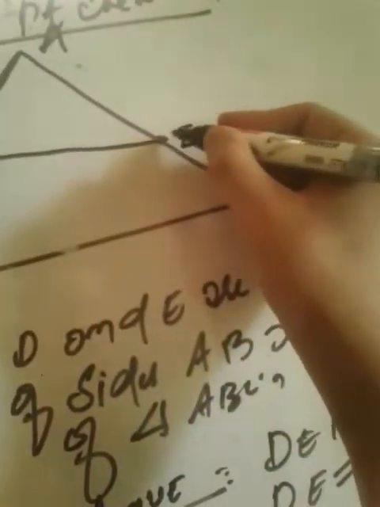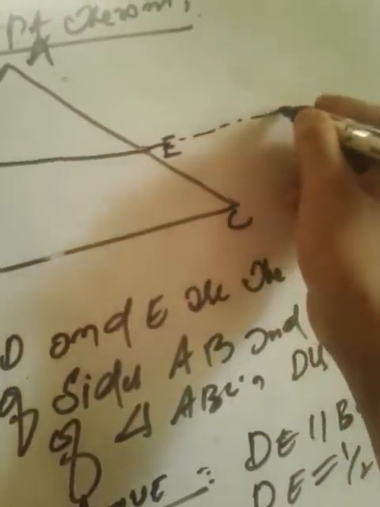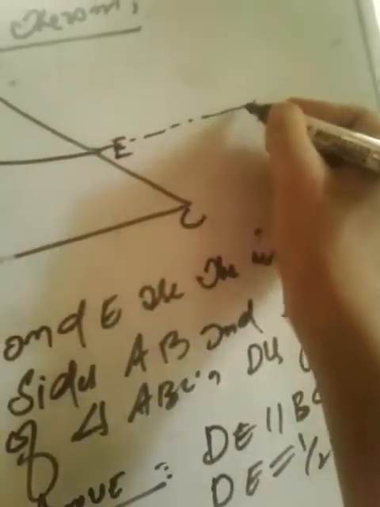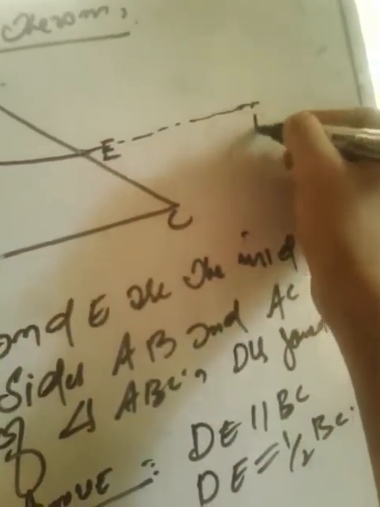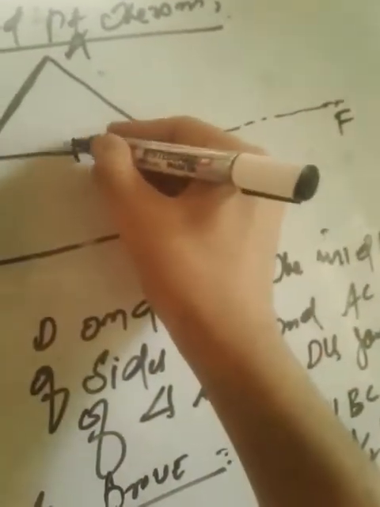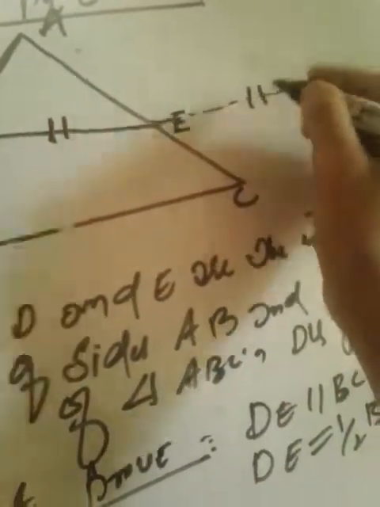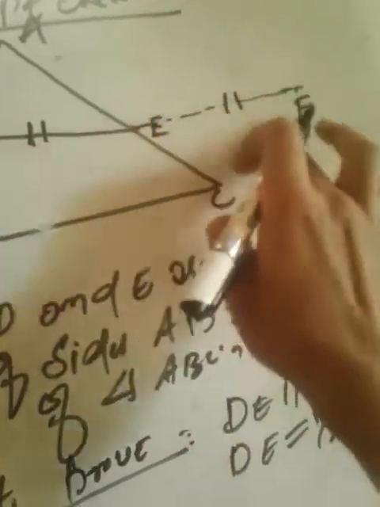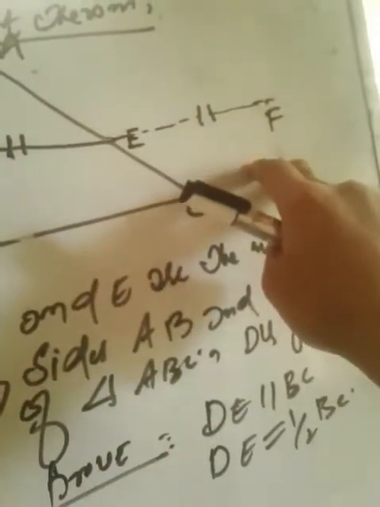Produce DE to F. We will produce DE to F in such a way that DE equals EF. We do not produce it randomly, we produce it in such a way that DE and EF should be equal.